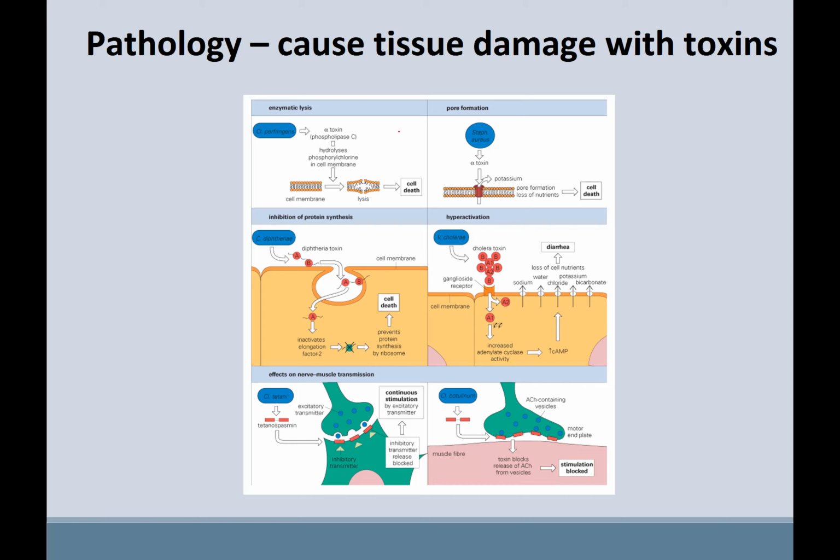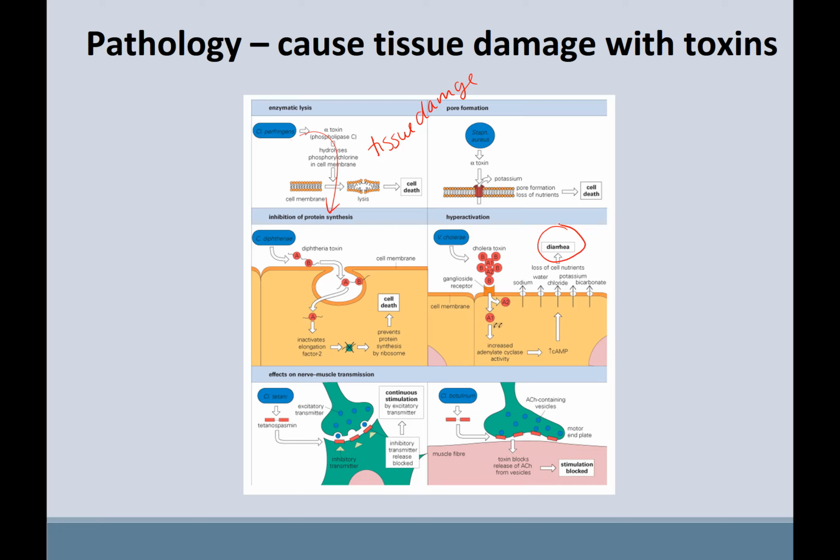So again, tissue damage allows the organism to get into deeper tissues, maybe where there are the nutrients it needs. Maybe it's a privileged site so that it can replicate there more undetected.